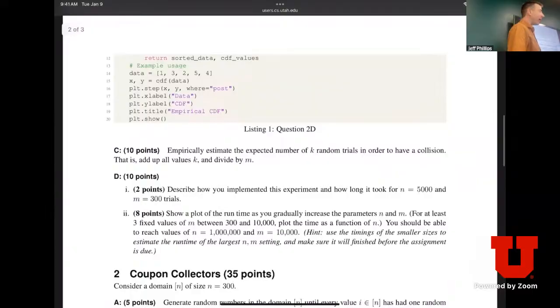I've asked you to plot up to some fairly large numbers of trials, like 1,000,000 and 10,000. It may take a while to run this last part of the simulation. It won't take 10 seconds to run that last one. It'll take more than that.